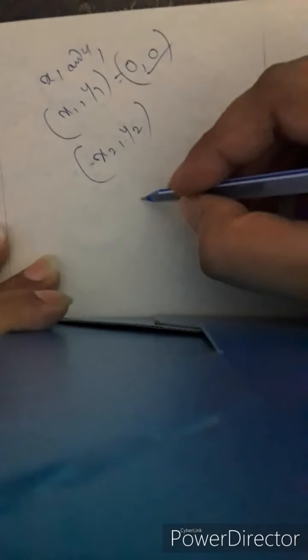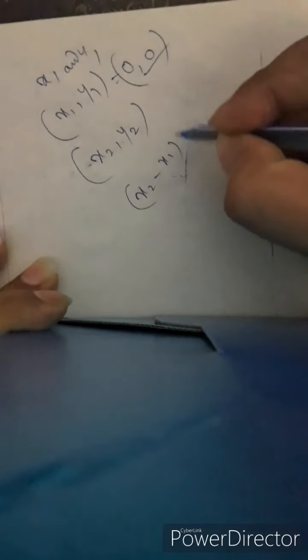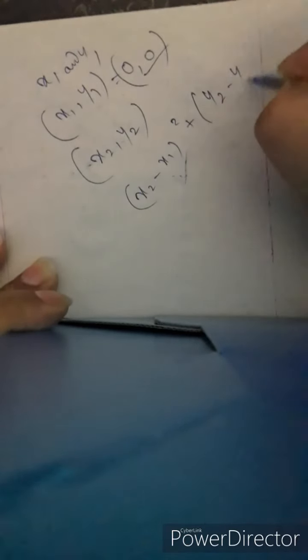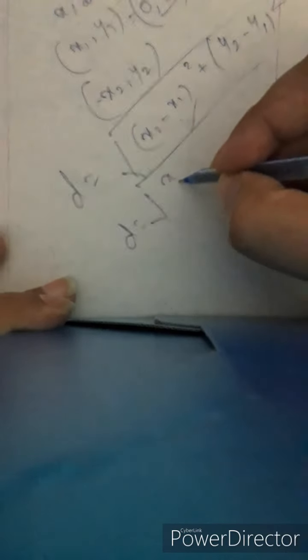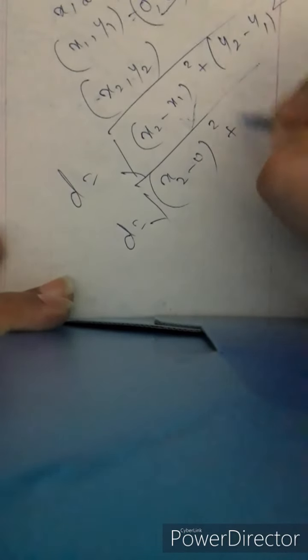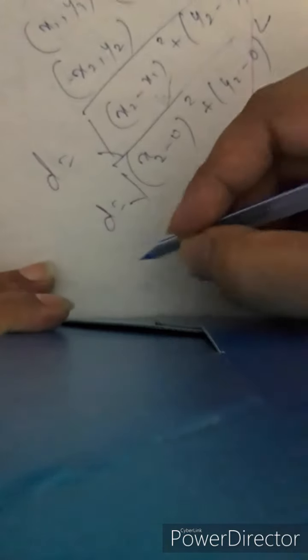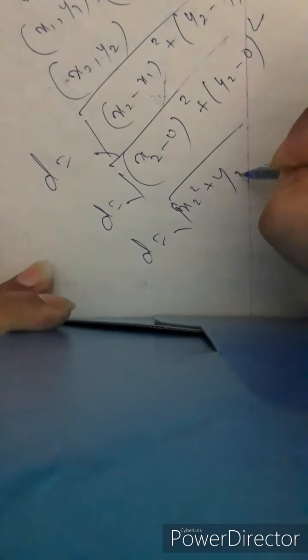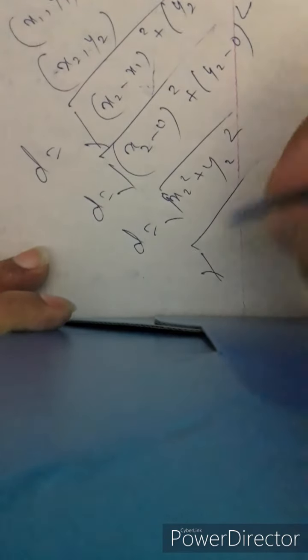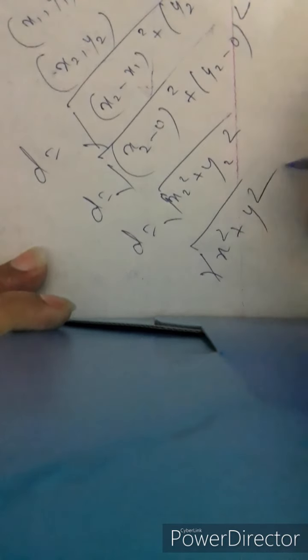So it becomes root under (x2 minus x1) whole square plus (y2 minus y1) whole square, that is the distance. So the distance equals root under (x2 minus 0) whole square plus (y2 minus 0) whole square, that is, the distance becomes root under x2 square plus y2 square, or the formula becomes root under x square plus y square.